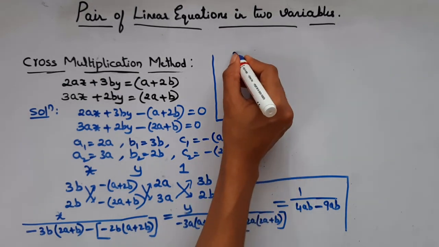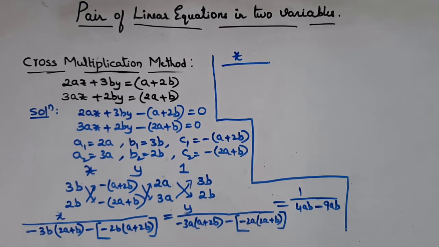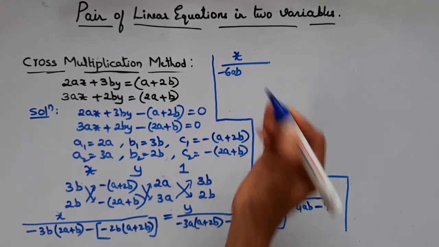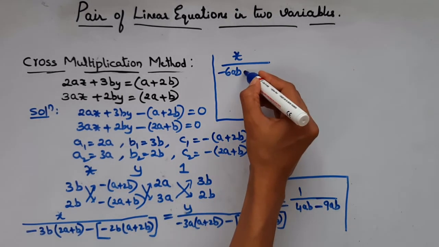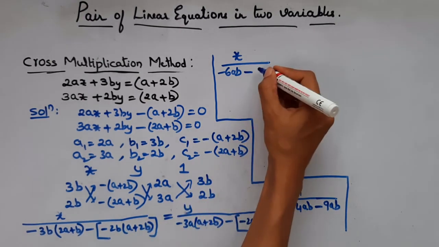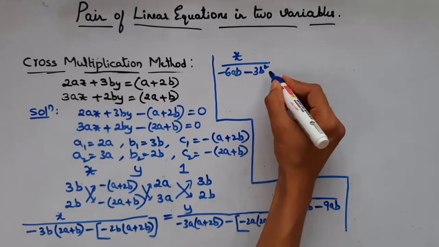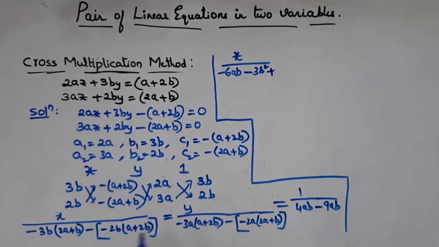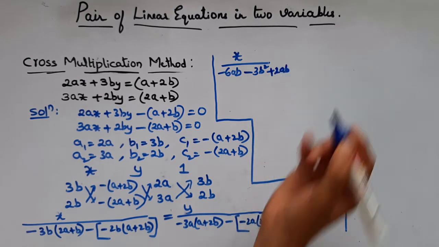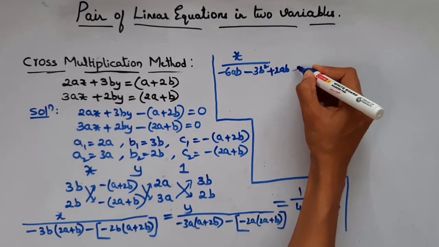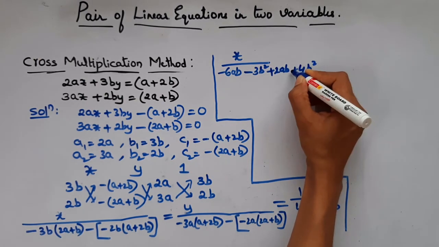So we have x by minus 3 into 2 is 6, a into b is ab, right, so minus 6ab, minus into plus is minus 3b into b is 3b square, right, and we have minus into minus is plus 2b into a is 2ab, so 2b into 2b is 2 2s are 4b square, right, plus 4b square.